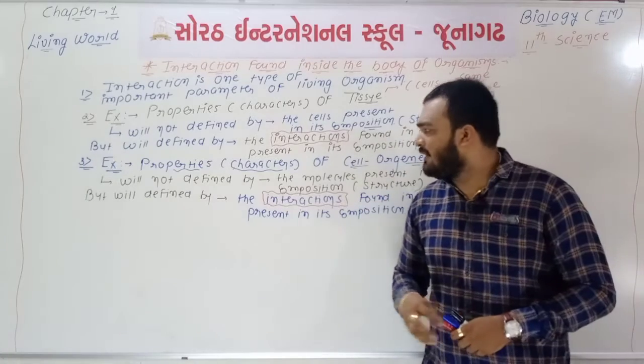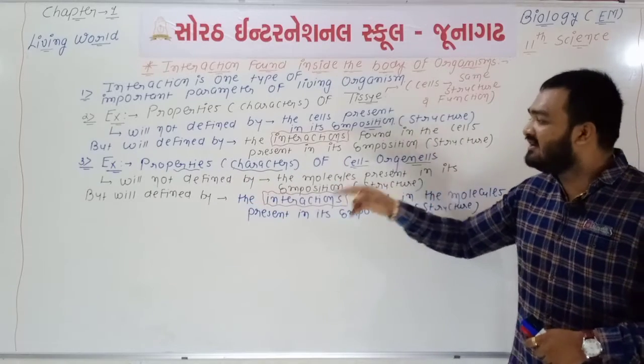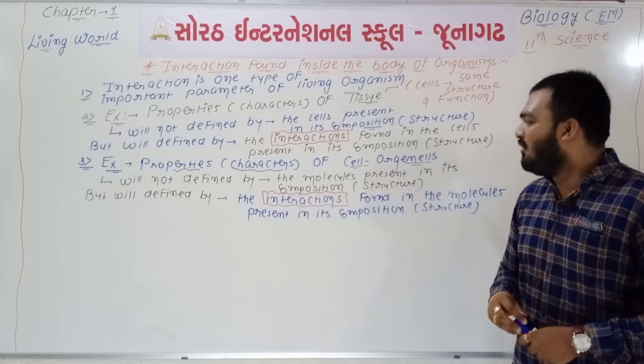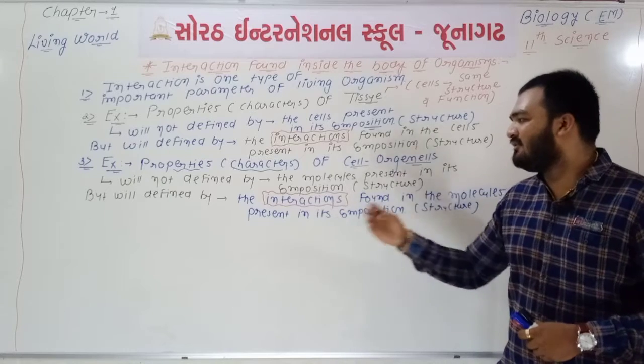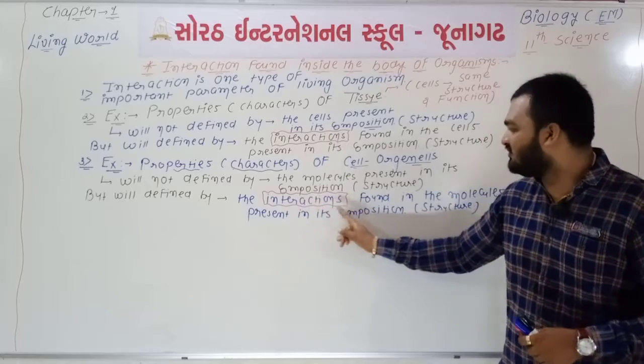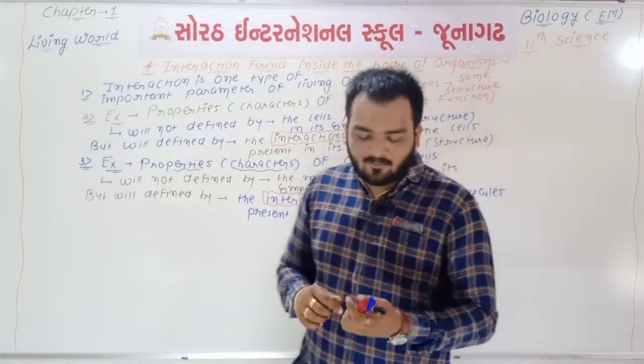If we talk about the properties or characters of cell organelles, then it will not be defined by the molecules present in the composition of the cell organelles, but by the interactions found in the molecules present in the composition of cell organelles.